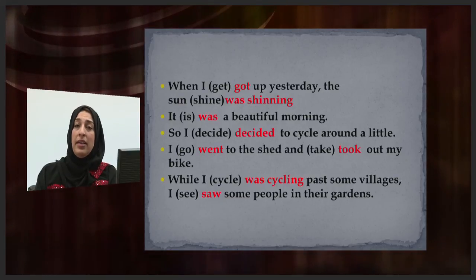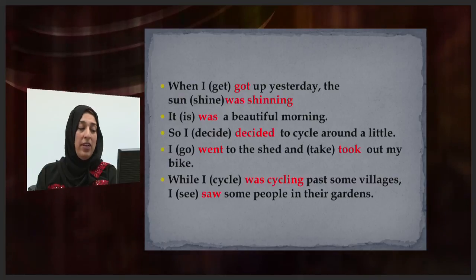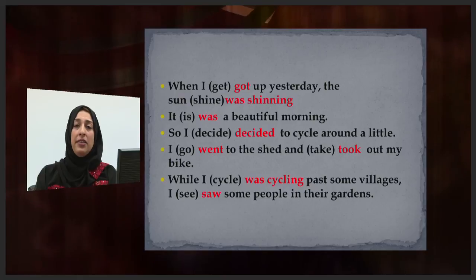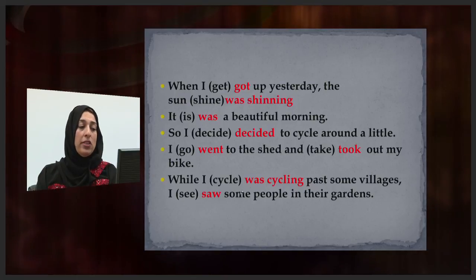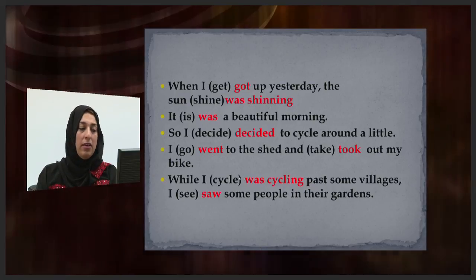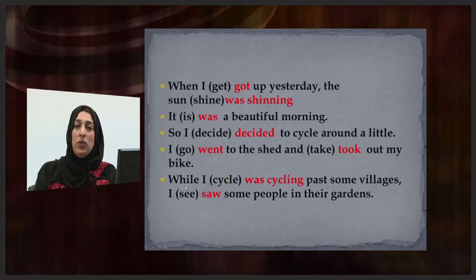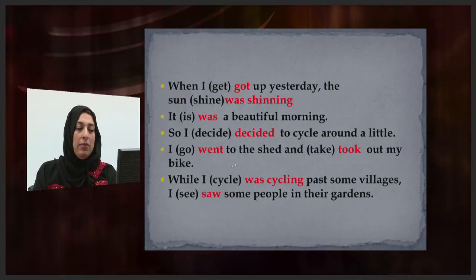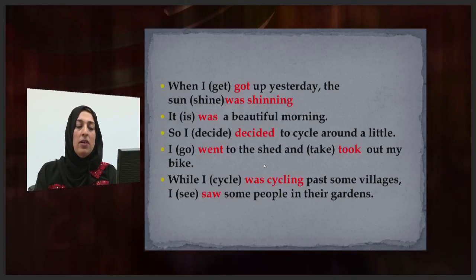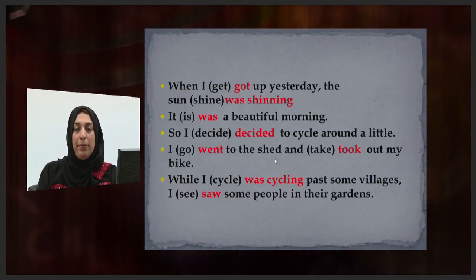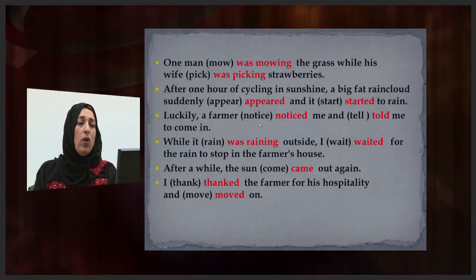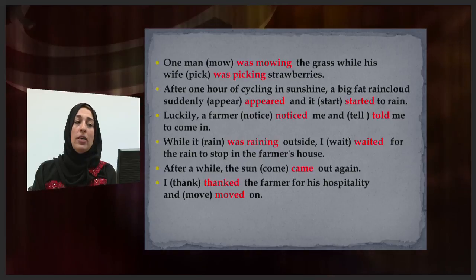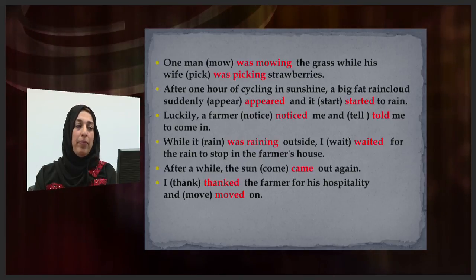While I was cycling past some villages, I saw some people in their gardens. Of course, here we used was cycling because we had, as we said, signal words such as while. So with while, we used was plus the ing verb. One man was mowing the grass while his wife was picking strawberries.